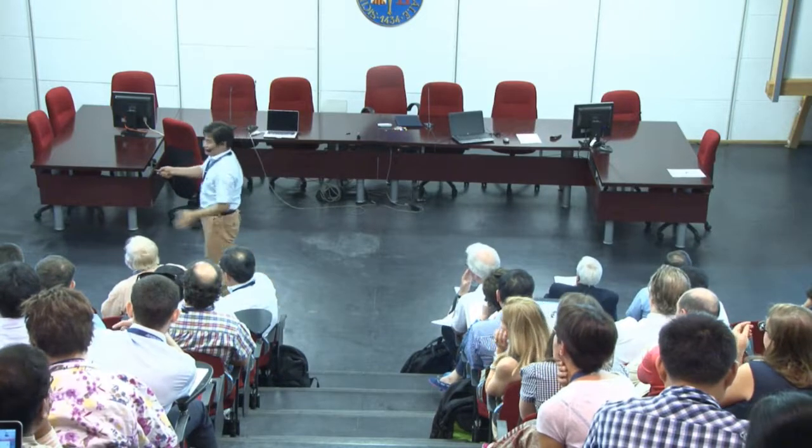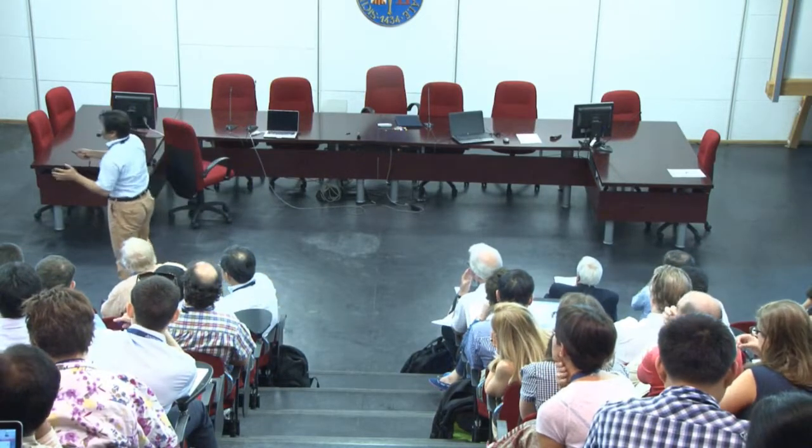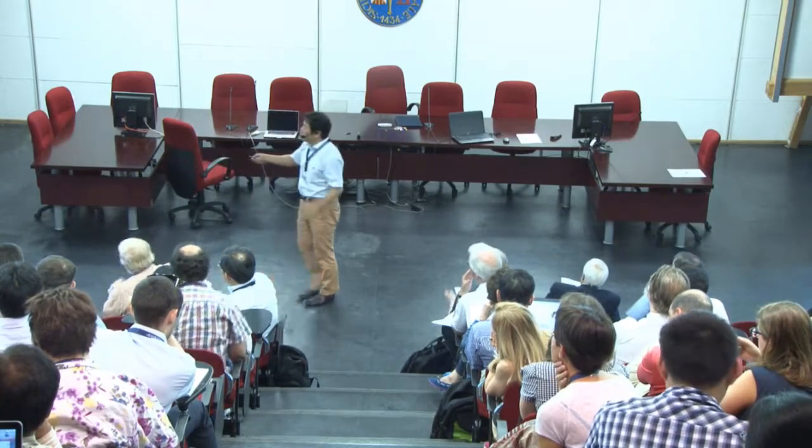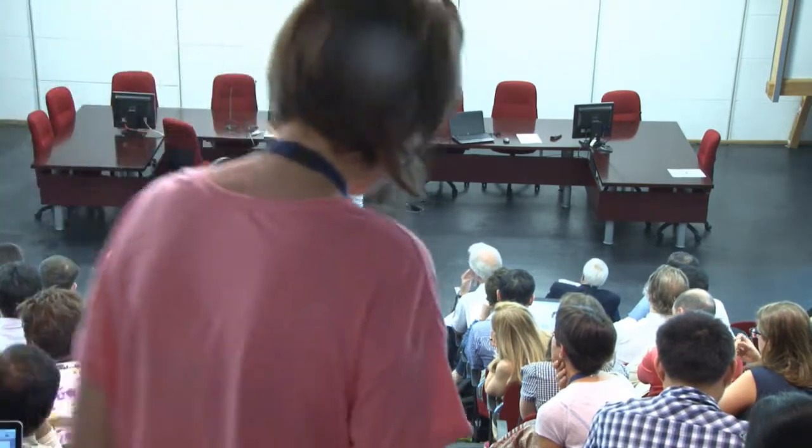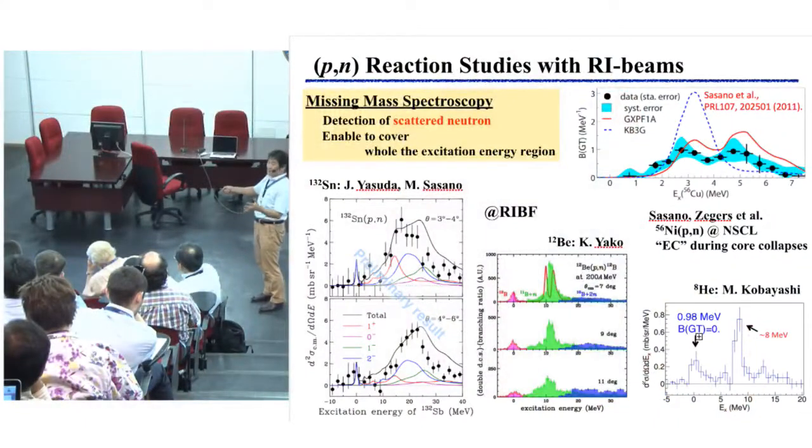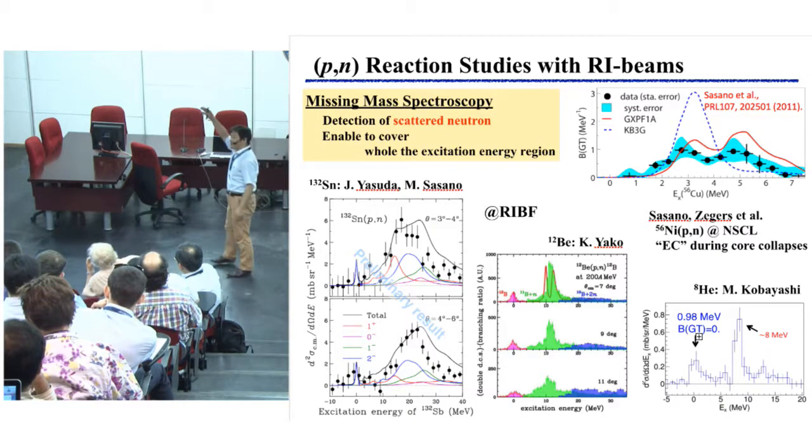technology. Missing mass spectroscopy has been applied to PN reaction studies with radioactive nuclear beams. What is good about missing mass spectroscopy is that we can probe the whole range of excitation energy, even a bound state or a highly excited resonance, a giant resonance state.